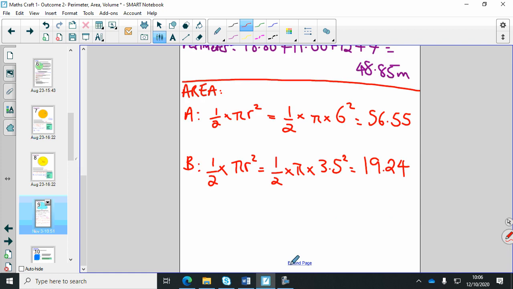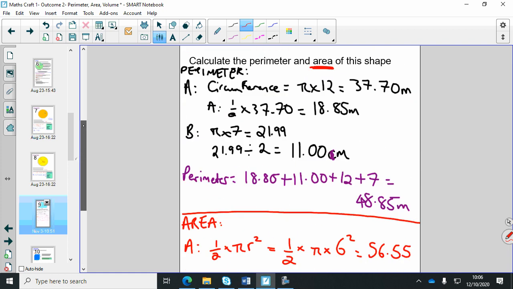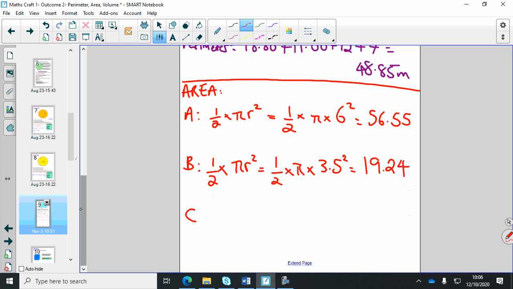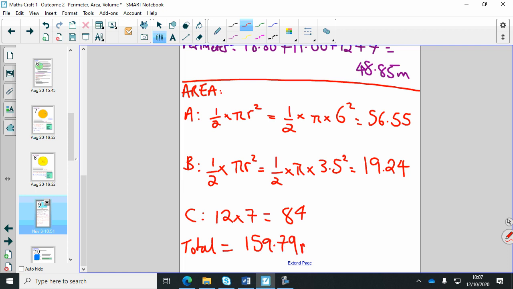Okay, and the area for C, well, that was just a simple rectangle. So that's going to be 12 times 7. 12 sevens are 84. So then the total area is just going to be all that added up. Total area of 159.79, and that was in meters, so it's meters squared.